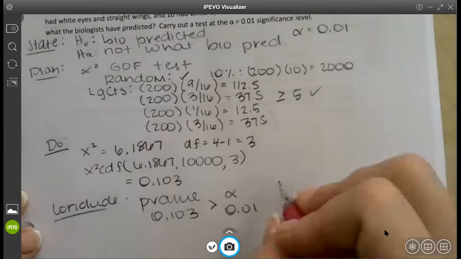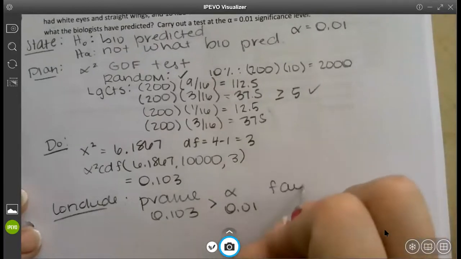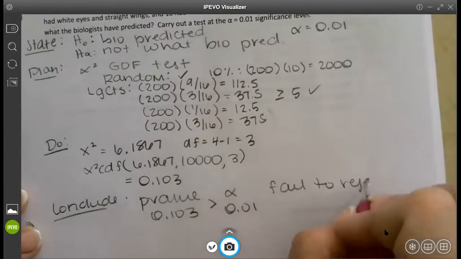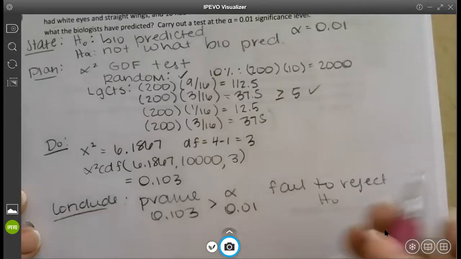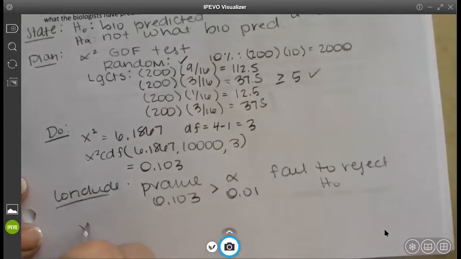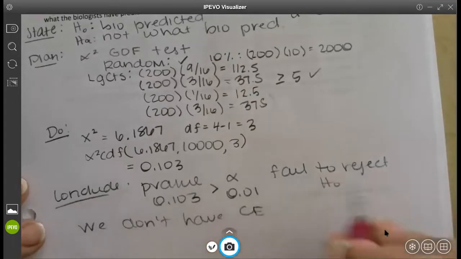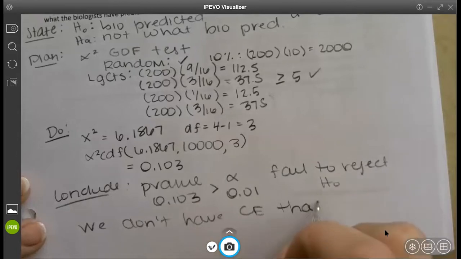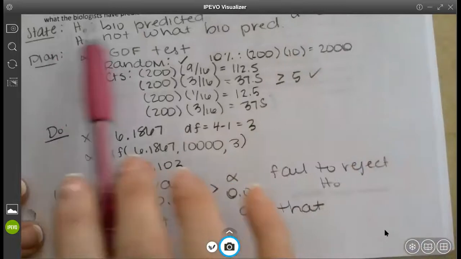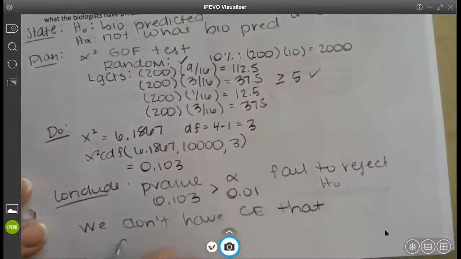So we fail to reject, which means? We don't have convincing evidence that the data differs from what the biologists have predicted. Yep.